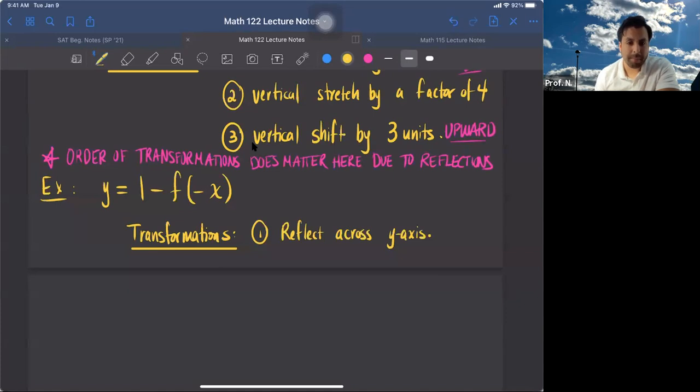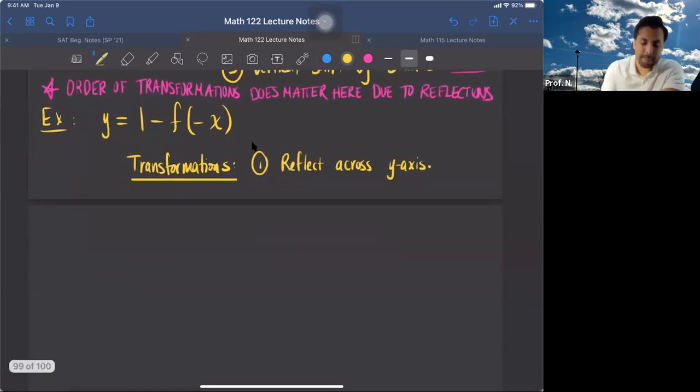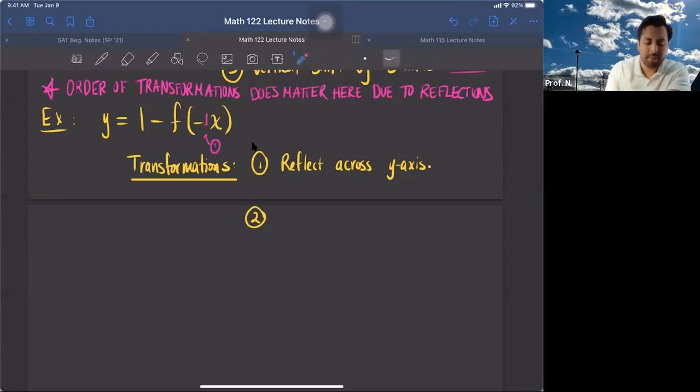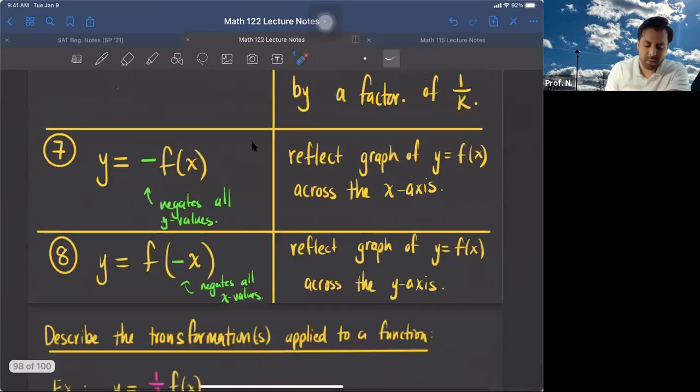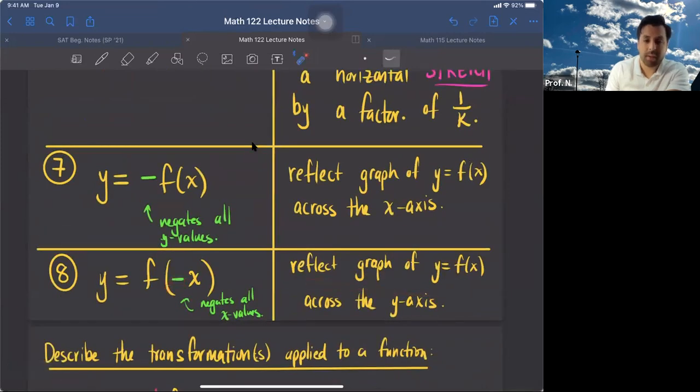And then do what? So you're saying this is number one, right? When you have this here. And then when we reflect across the y-axis, what do we do after that? Oh, pardon me. No. That's not what you're saying. You're saying this one here. So when we reflect across the y-axis, we're negating the x values. Remember that? So we're doing this here. Negate the x values, we reflect across the y-axis. Okay.